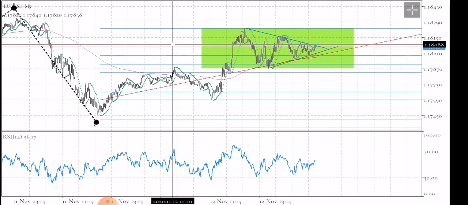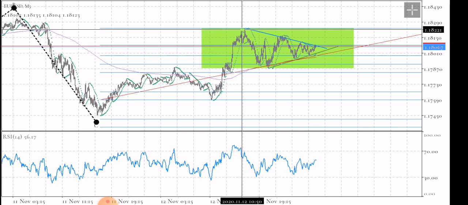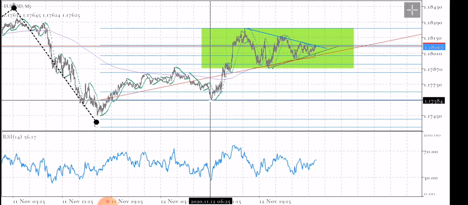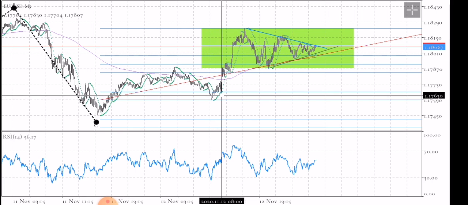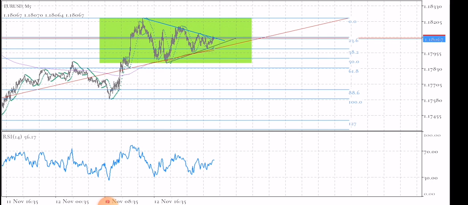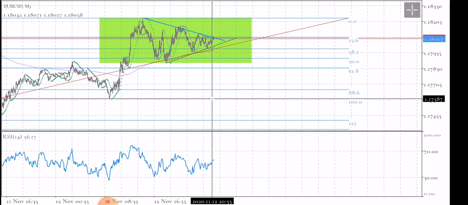I took a regular Fibonacci tool, from this level at the top until this level over here. And let me just show you once again.